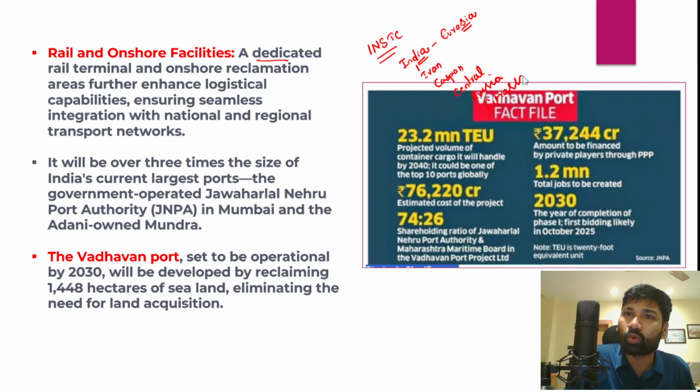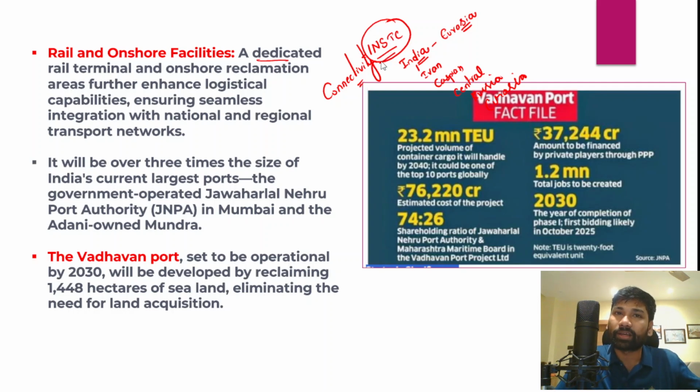This is how the International North-South Transport Corridor is connected or linked. So for connectivity, this is very, very important, right? The goods would be transported to Iran, and from Iran the goods would be shipped to India, and because of all these things, this Vadhavan port will play a very, very important role.